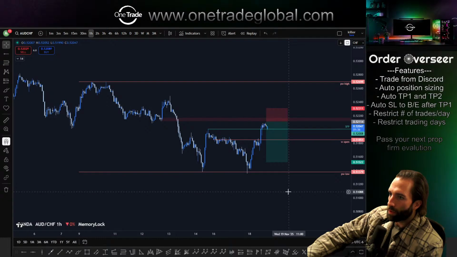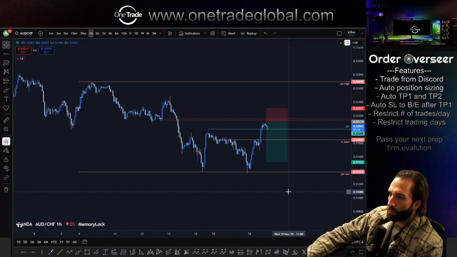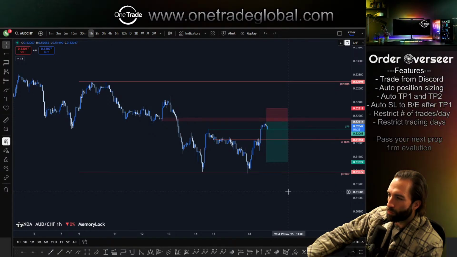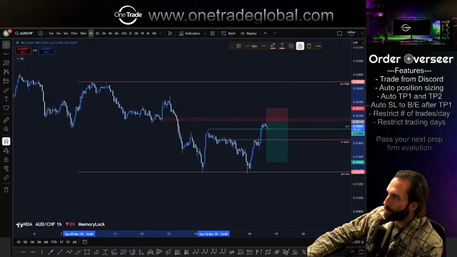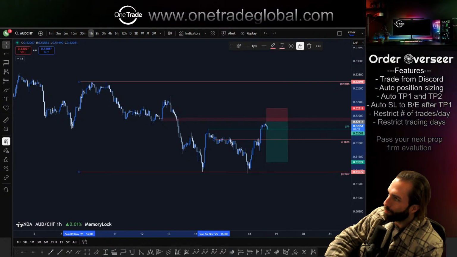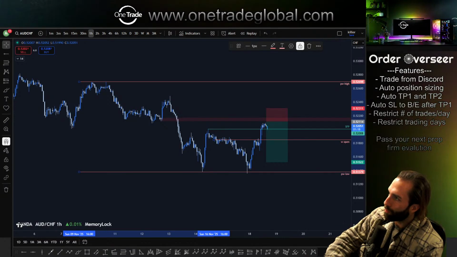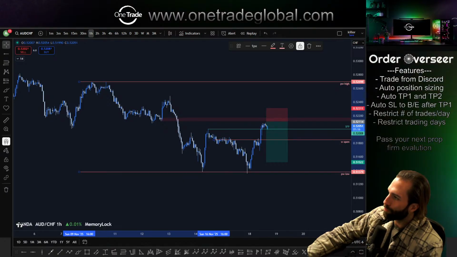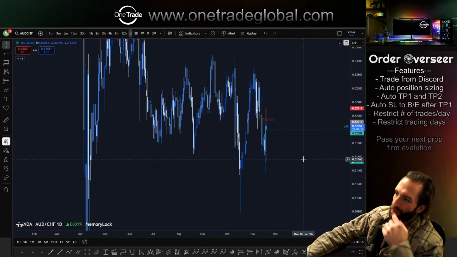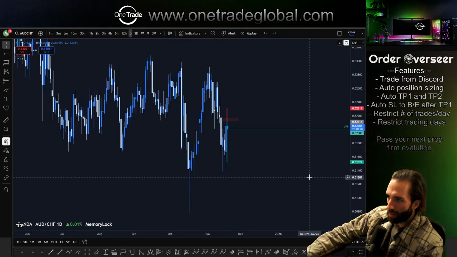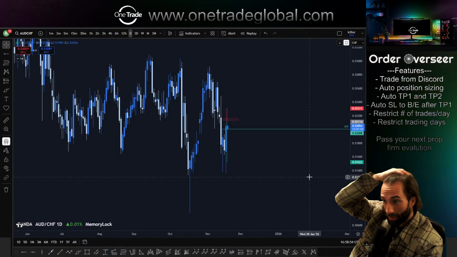Yeah, it took the weekly open. Yeah, there might be an opportunity here. Let's see how much we like it. Yeah, this daily close though, that's kind of what gets me. It's a nice close.